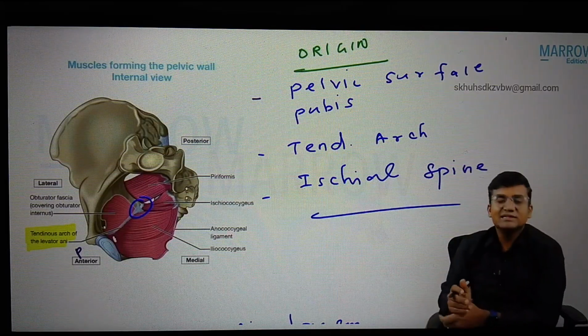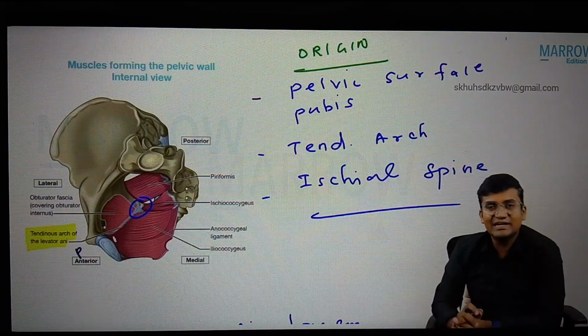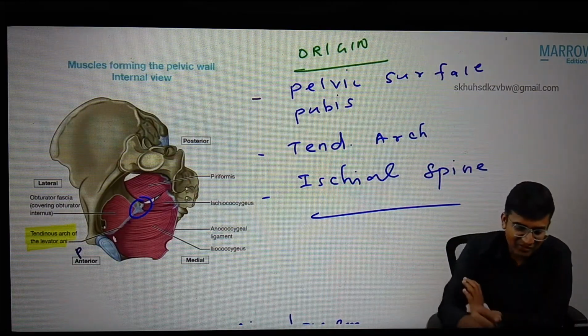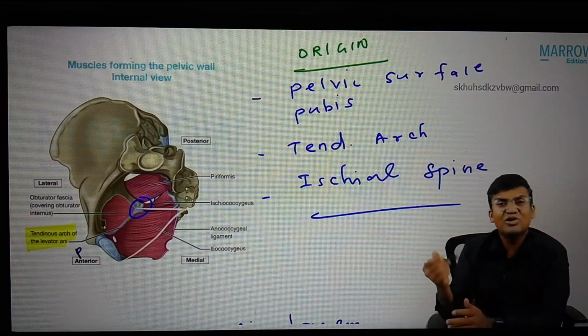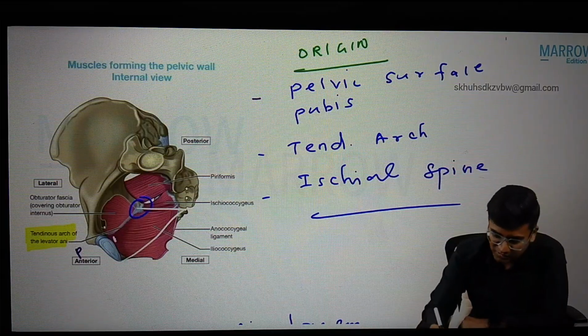So these are the three origin points of the levator ani muscle. Now what about the insertion? See the diagram. All these muscles converge to which bone? The coccyx bone. So, insertion is to the coccyx bone.